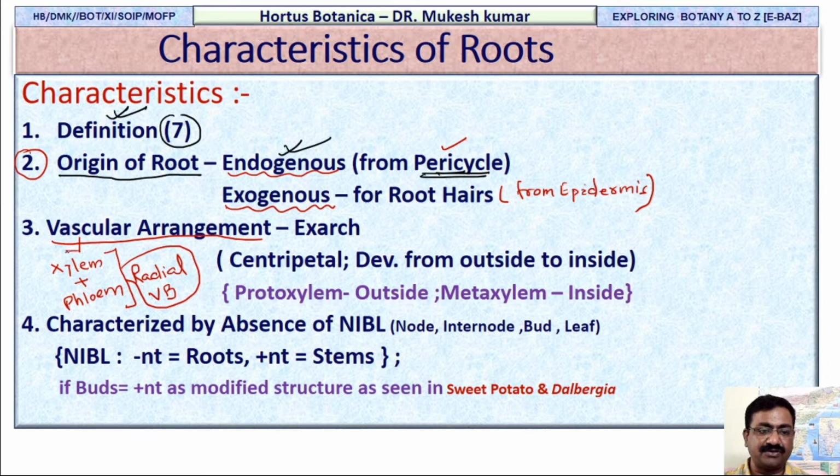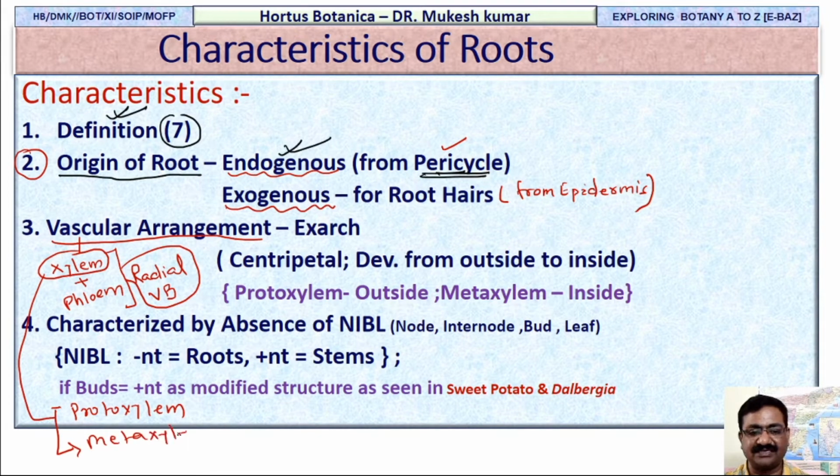When talking about the xylem position, xylem is also of two types. Either there is undeveloped, small xylem inside, which is called protoxylem, and another is called metaxylem. These are larger and more mature than protoxylem.